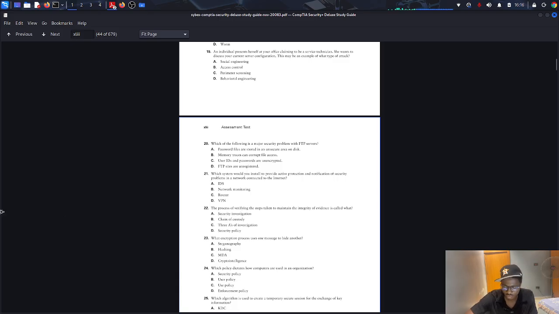Some questions give you the answer. Let's read this question again: which system would you install to provide active protection and notification of security problems in a network connected to the internet?